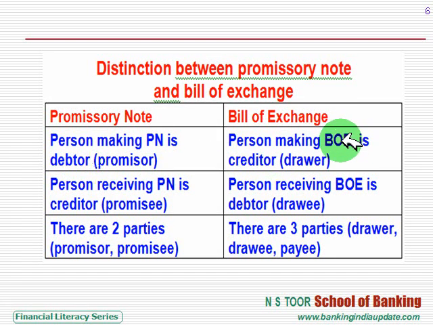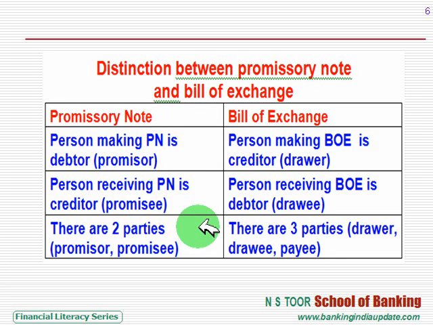Person making bill of exchange is called drawer. He is the creditor. Person receiving the promissory note is called promisee. He is a creditor. Person receiving bill of exchange is a debtor. He is called drawee.